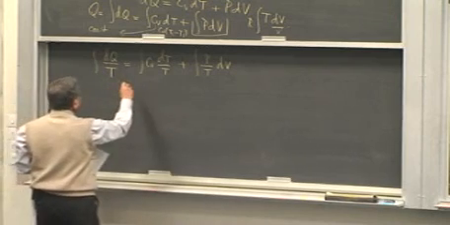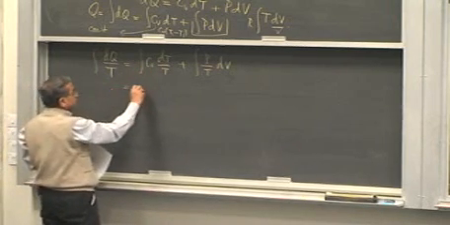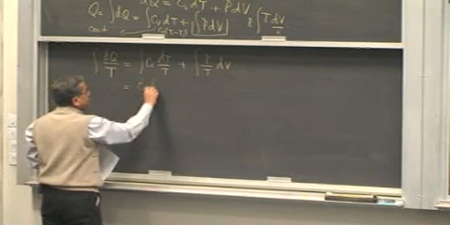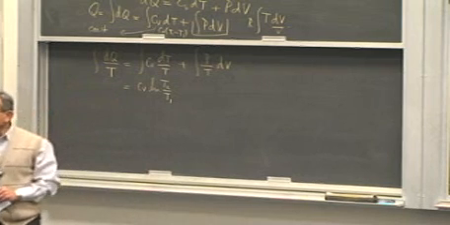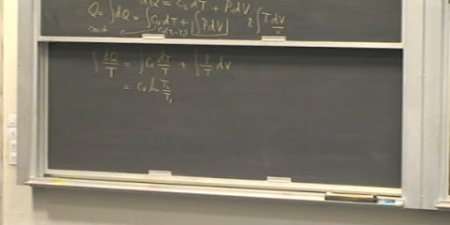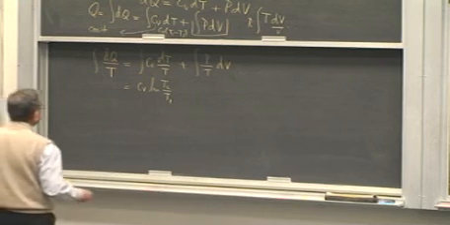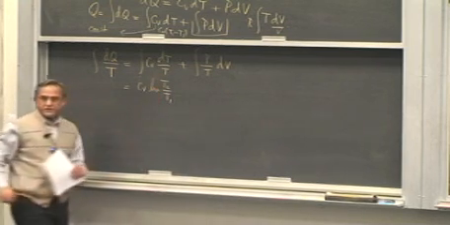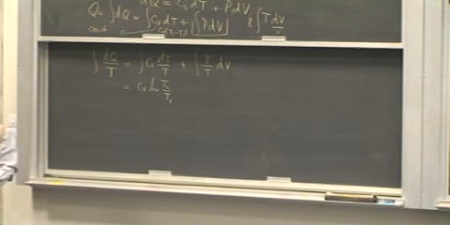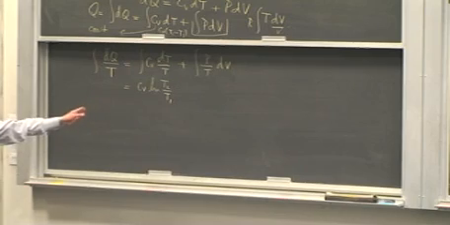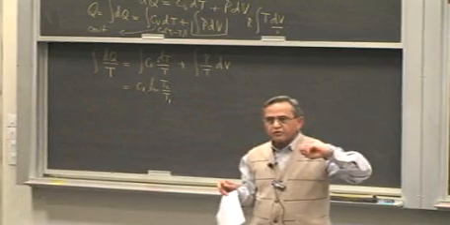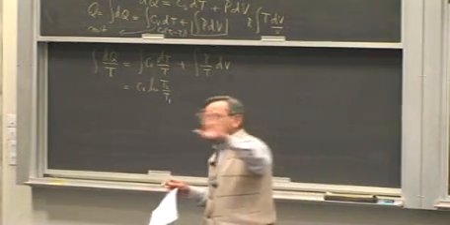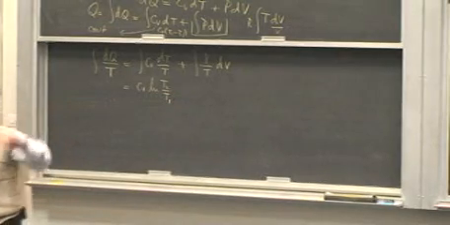And this time it will be Cv times log of T2 over T1, because this will be dT over T. If I take the integral, it will be log T, going from T1 to T2, so this will be log T2 over T1. Okay? I hope when I go through such mathematics, it is not terribly obscure for some of you. If it is, stop me, raise your hand, and I will go through it in detail. Okay?